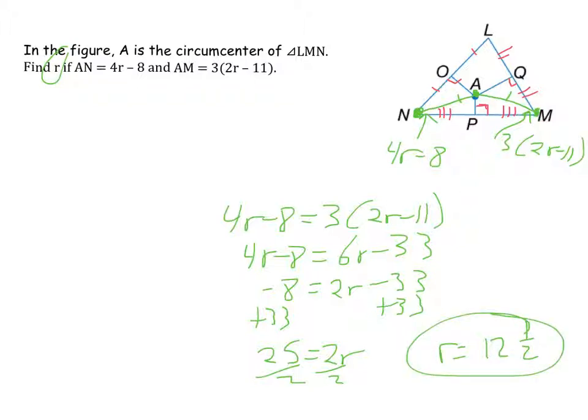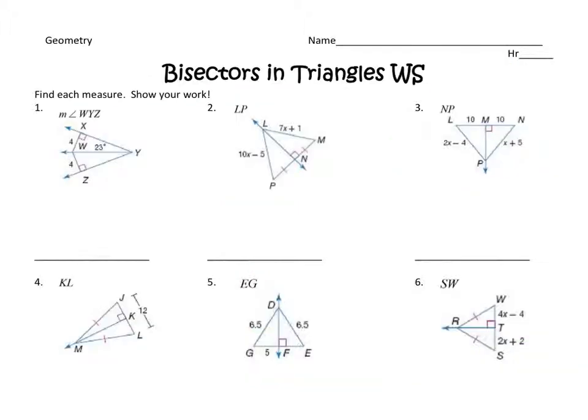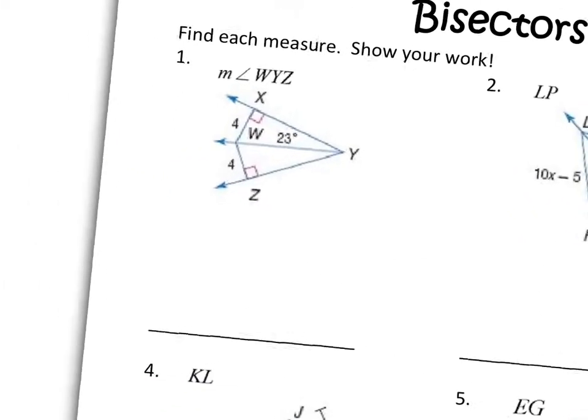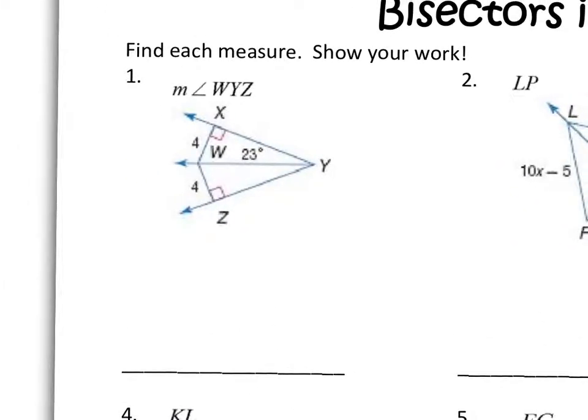Okay, let's look at a couple problems from your homework. All right, let's look at number 1. We're looking for WYZ, and WYZ is right here, this angle right here. Well, notice these two segments are congruent.